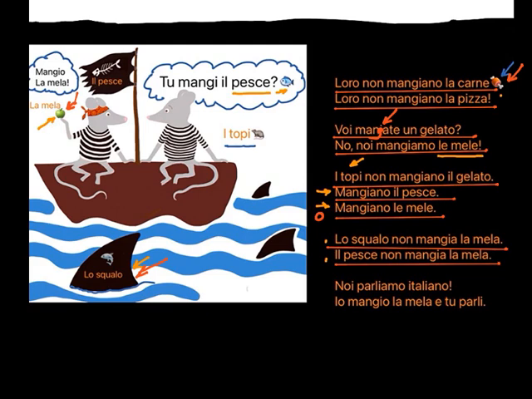Noi parliamo italiano. We speak Italian. I use the subject pronoun here, but by now you are comfortable with using it or skipping it. Io mangio la mela e tu parli. I'm eating an apple and you speak.